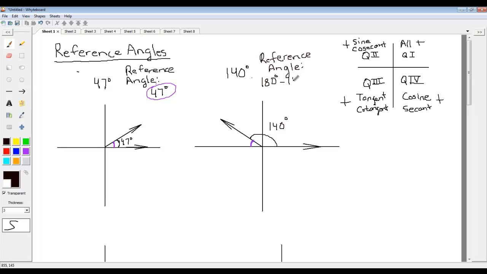But we've already gone 140 degrees, so we need to see what that difference is. It turns out a difference of 40 degrees. So the reference angle is 40 degrees, because this angle 140 plus this 40 make the 180 straight across. That's how you can find the reference angle in quadrant 2: do 180 minus whatever this angle measure here is coming from the positive x-axis.